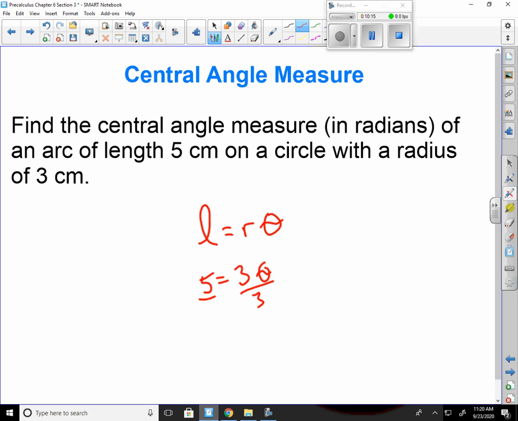Divide by 3, divide by 3. Theta equals 5 divided by 3. And you'd really just leave that as 5 over 3 or 1.66 radians. Remember to make sure you write that radians in so I know that you're using the correct measurement. If you wrote degrees in, that would be wrong.